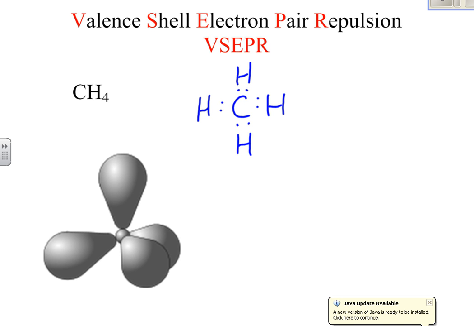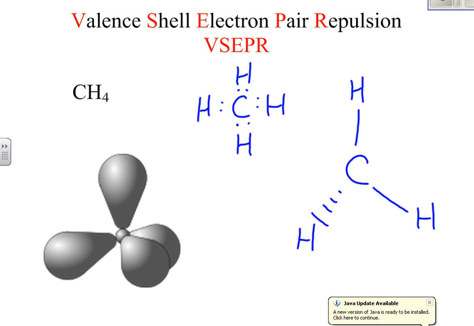Now, drawing this is a little tricky as well. Usually what we do is we try to draw the carbon. We're going to draw 2 of the hydrogens in the plane of the board. And what we're going to try to do is add a little bit of perspective here. We're going to have 1 bond coming out of the plane of the board, bonding to a hydrogen.